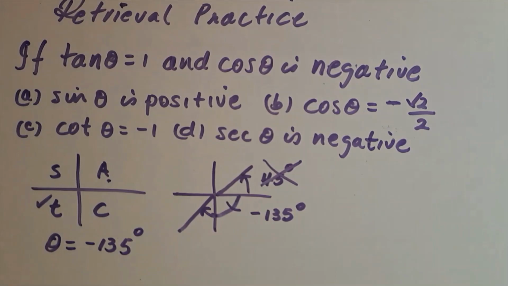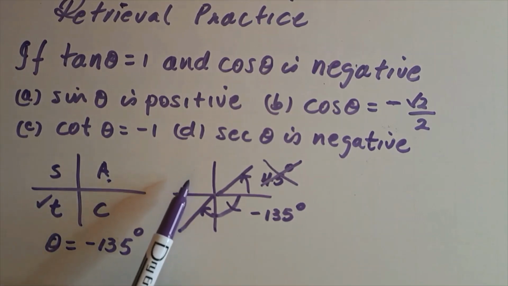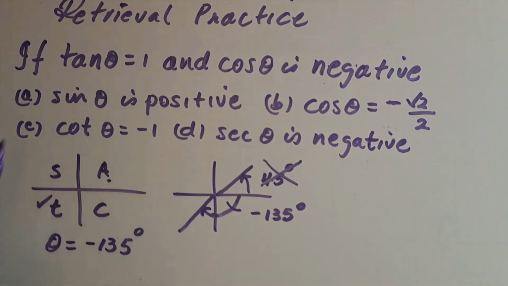Now we need to answer. Let's check the first option: is sine theta positive? Sine theta is positive only in this quadrant, so this is not one of the correct options. What about if cosine theta is minus root 2 over 2?